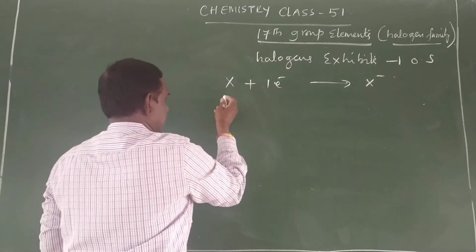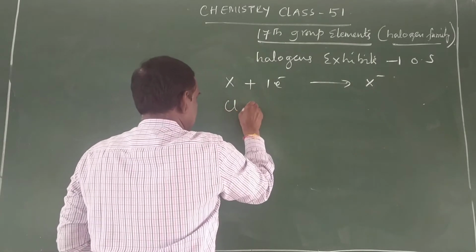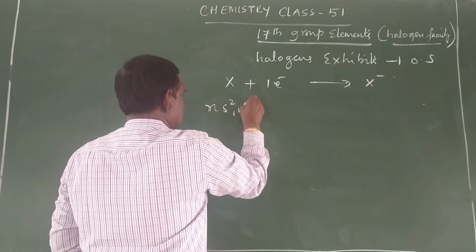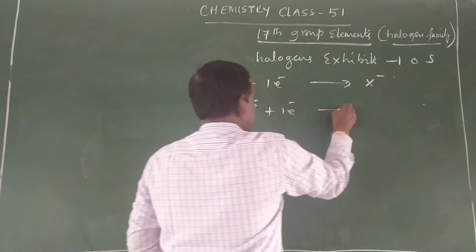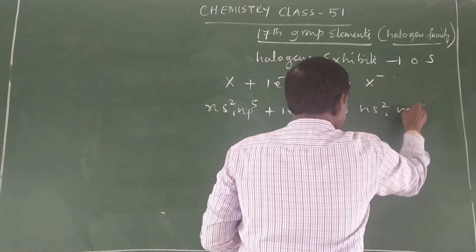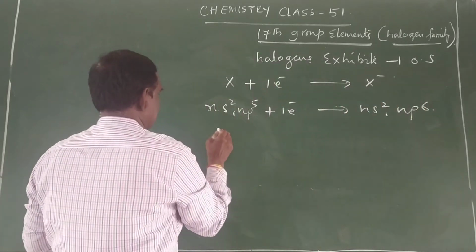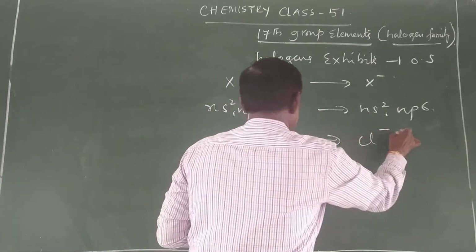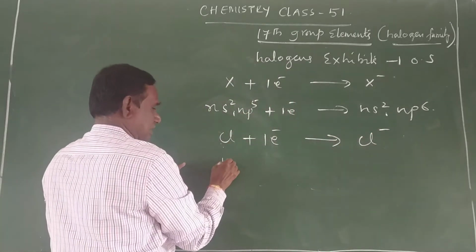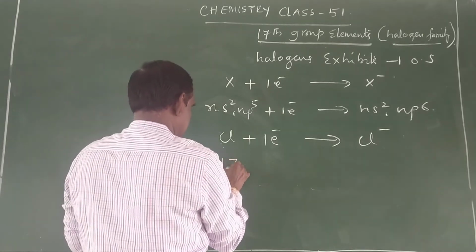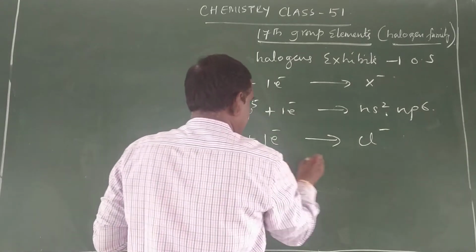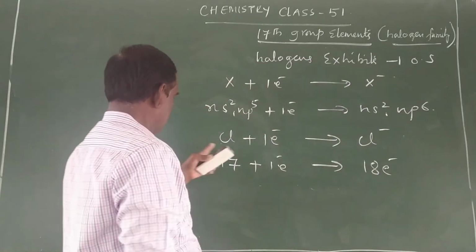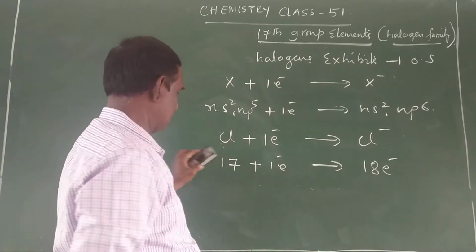For example, if you take chlorine, Cl plus 1 electron gives Cl minus. Cl has 17 electrons, and 17 plus 1 electron gives 18 electrons. So you can write the electron configuration for this also.